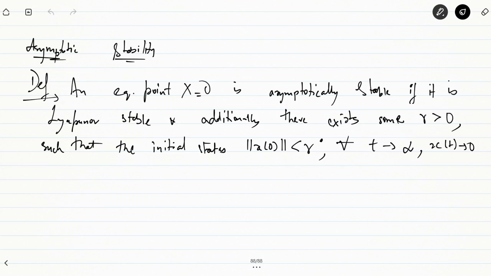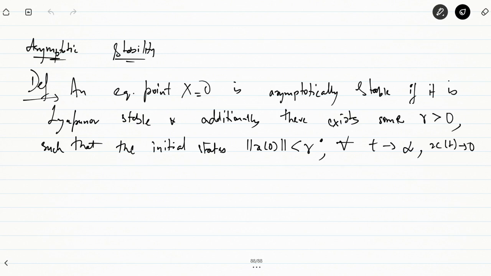Fine. In terms of asymptotic stability, if your system is Lyapunov stable, but the second condition is not met, wherein as t tends to infinity your states of the system do not tend to zero, then in that case the system is said to be marginally stable.